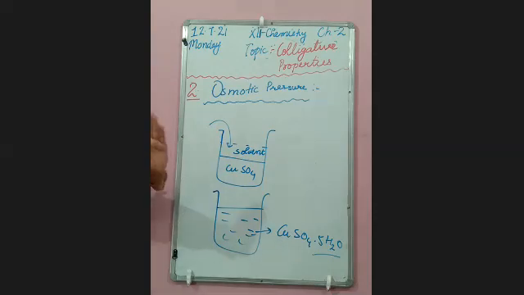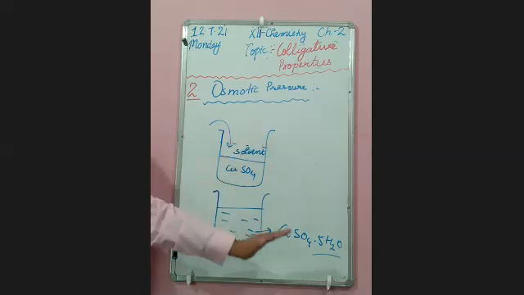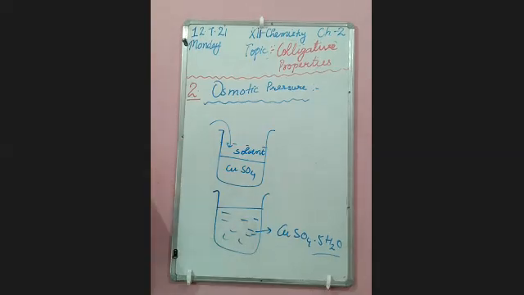That spontaneous mixing of particles of the solute and the solvent to form the homogeneous solution is your diffusion. Or I will say it is the random movement of particles from higher concentration to lower concentration in any direction. That is your diffusion.